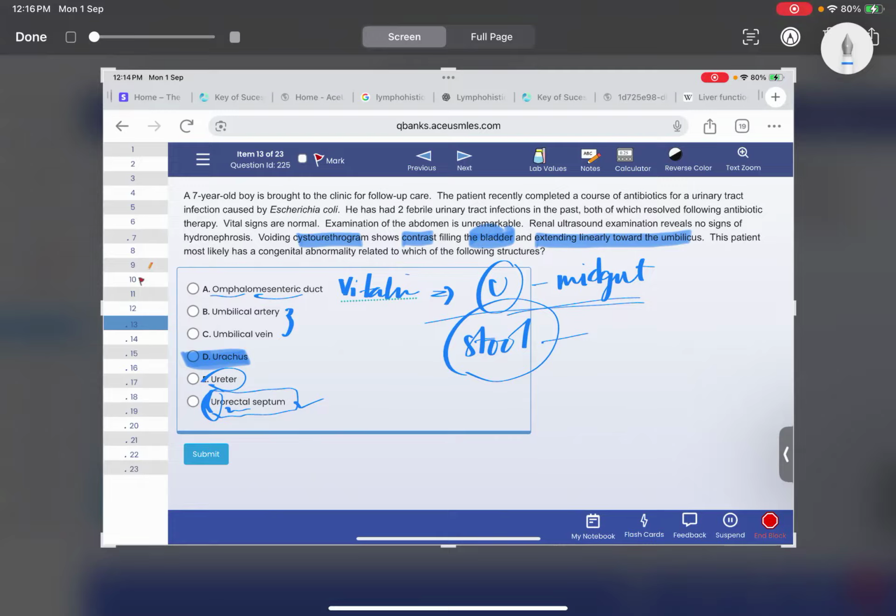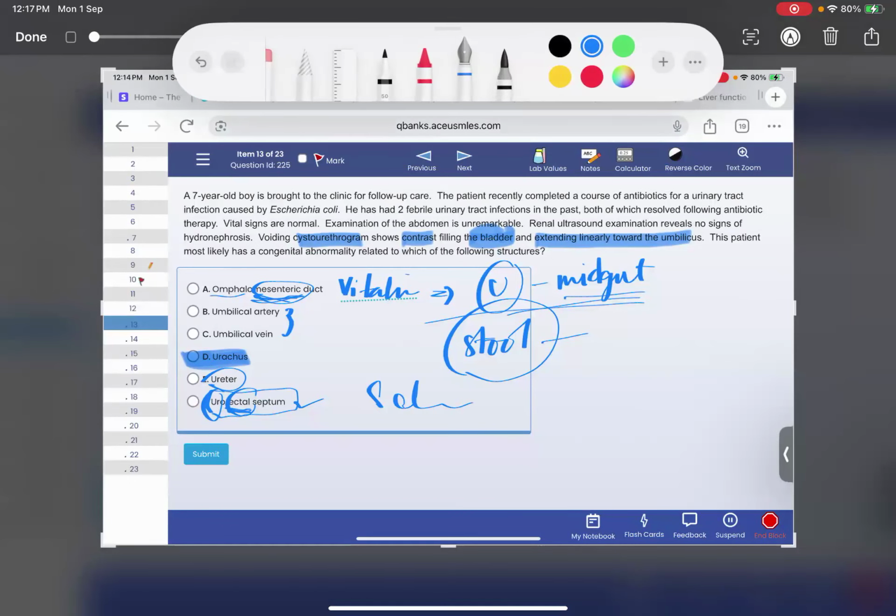But for now, the mesenteric duct is connected to the mesentery, and the rectal septum is connected to the rectum. So from general points, you can select or correct the anatomical questions. They are very, very easy. You just have to know how to exclude the options.